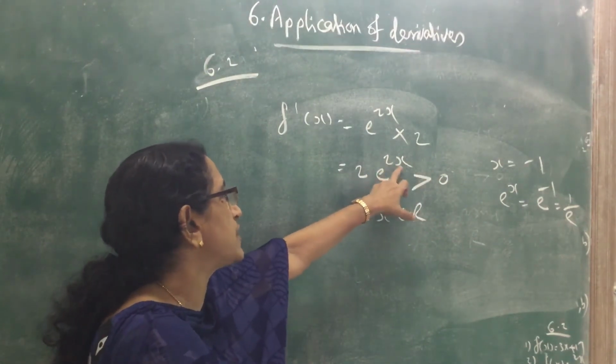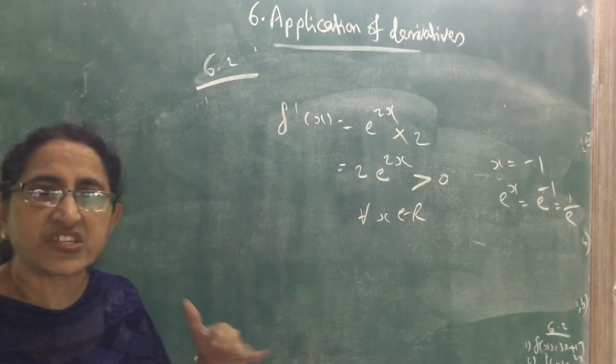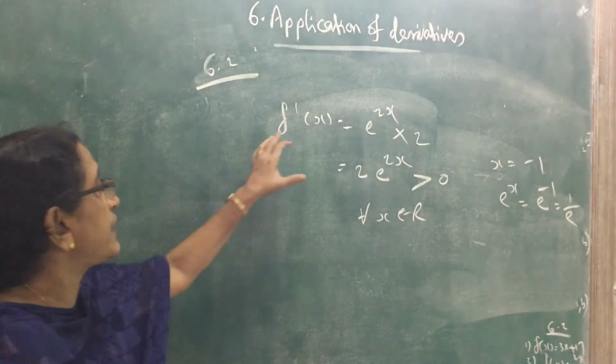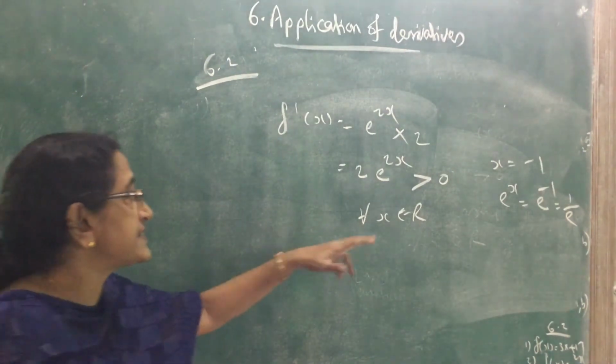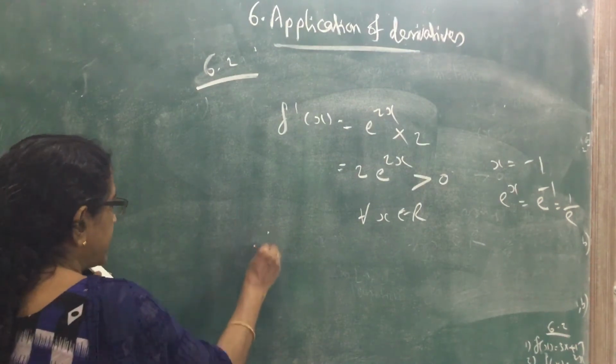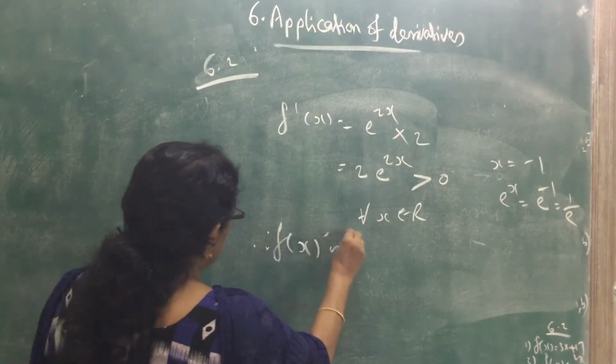E raised to 2 into 0, e raised to 0 means 1, which is also greater than 0. So whatever be the value of x, this derivative f dash x is greater than 0 for every x belongs to R. Therefore, we can say f of x is strictly increasing.